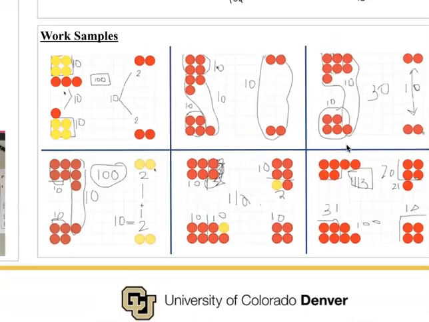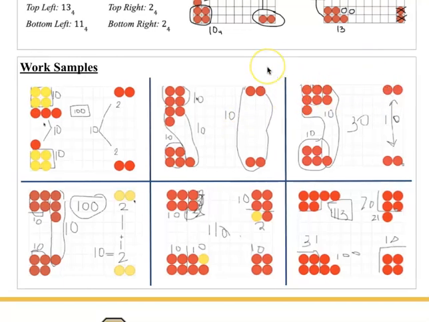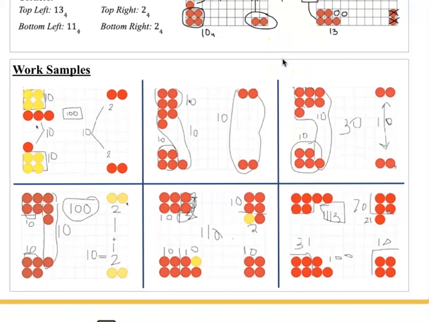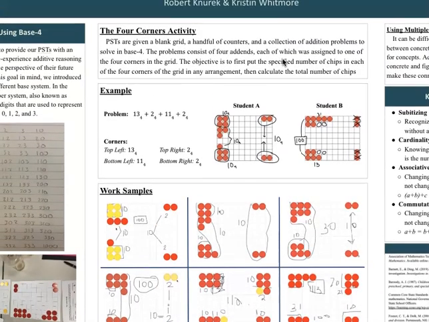What was really nice towards the end of our conversation, because we gave them access to virtual manipulatives, and they were able to actually annotate their 4 corners solutions, students were able to compare and contrast different solutions and basically come to the realization that when it comes to additive reasoning, there's really so much more than just adding numbers a specific way. And so it was a really great activity for our pre-service teachers.